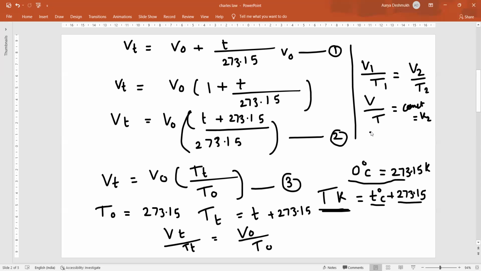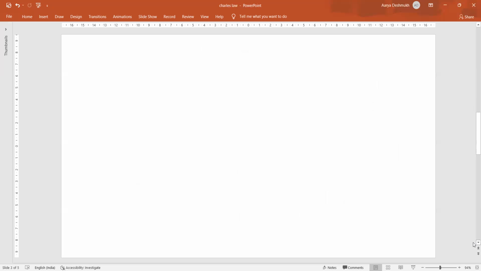So we can write here V equals K2 into T. If you remove this K, you can write V is proportional to T. This is, volume is directly proportional to temperature, and this is nothing but Charles law. It means as the temperature increases, volume goes on increasing. So we have proved this.